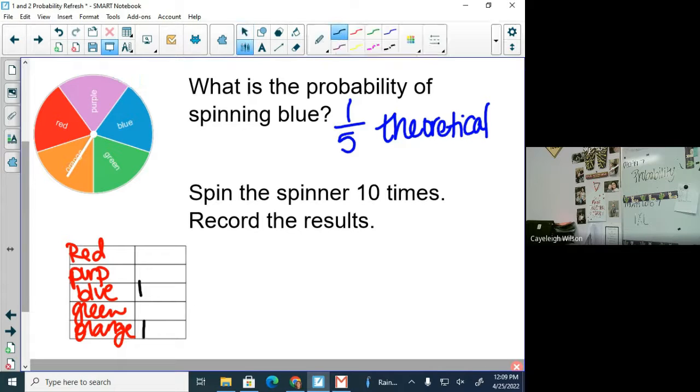Orange. Purple. Green. Red. Oh, we're on a roll here. Green again.